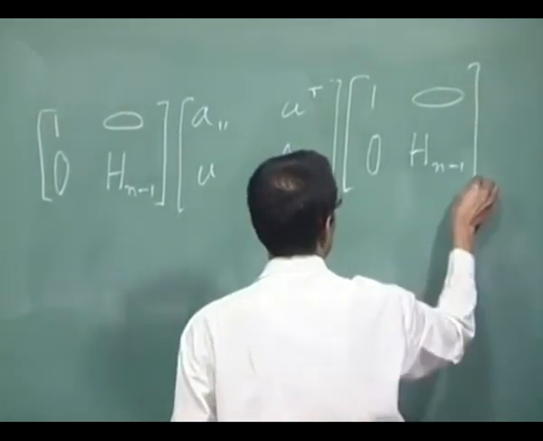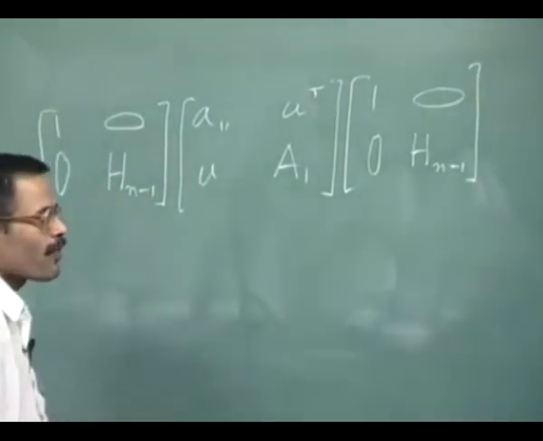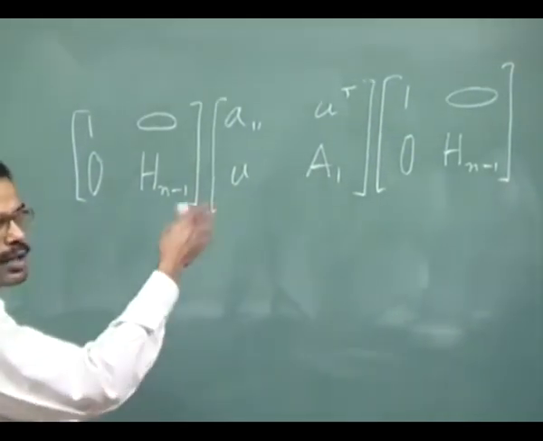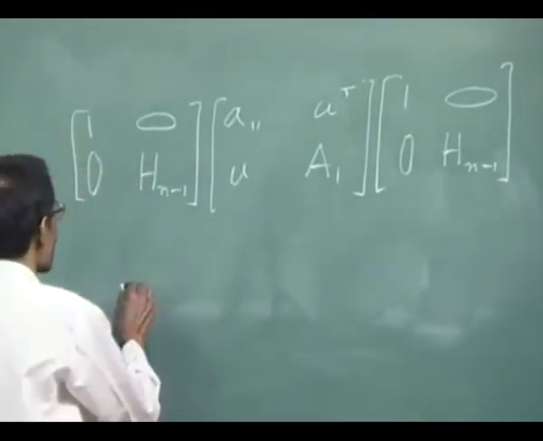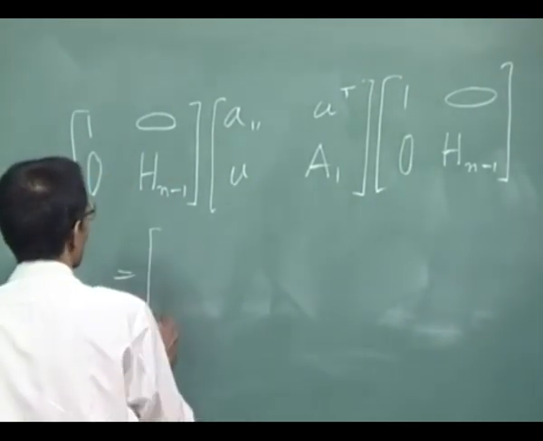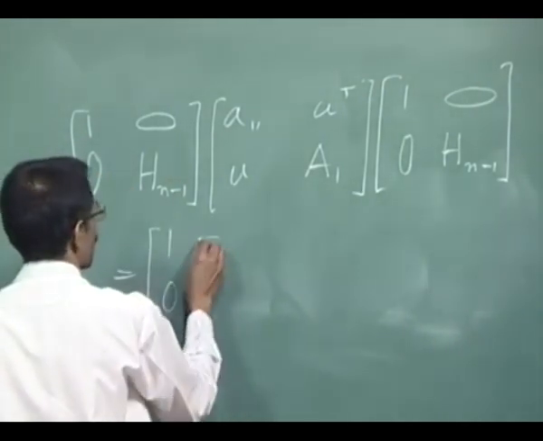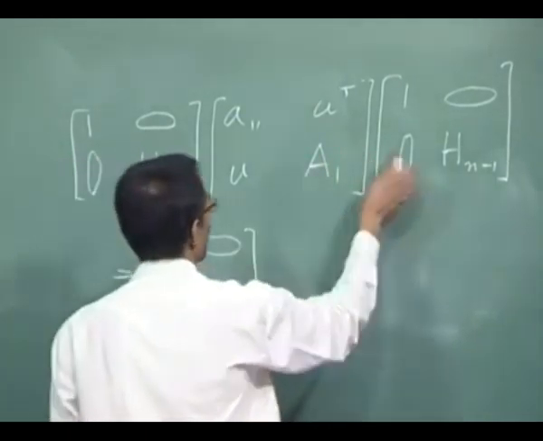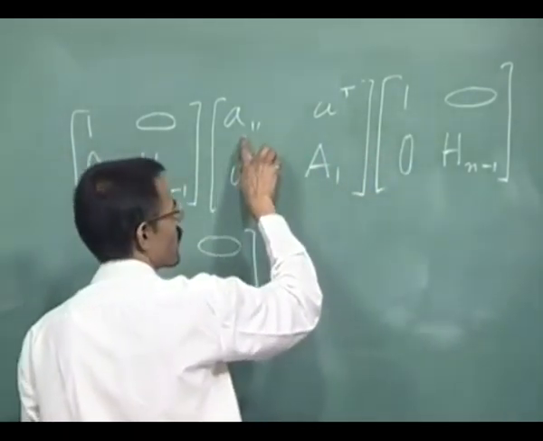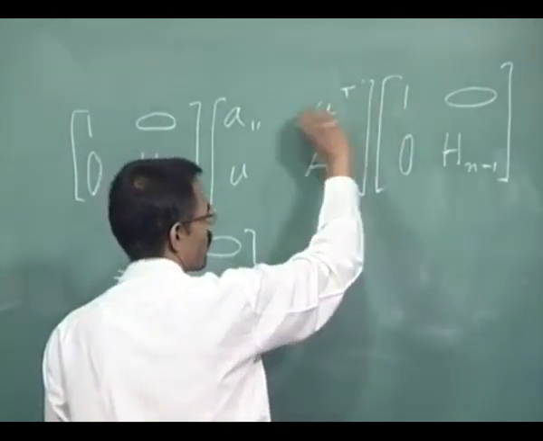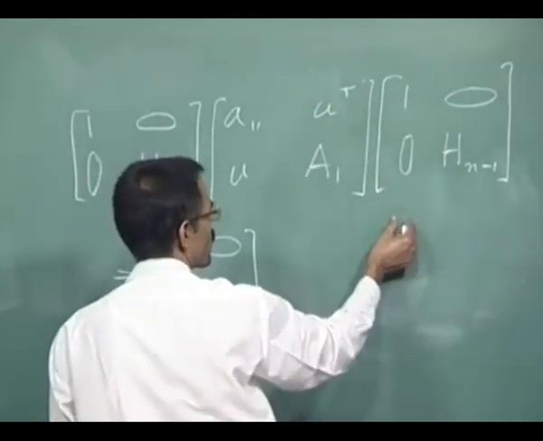Now, as you conduct block operations in eigenvalue problem solution methodologies, you will quite often come across these block operations. So, first keep this as it is, and we multiply these two: a_11 scalar into 1 plus u transpose row vector into 0 column vector, that is 0.